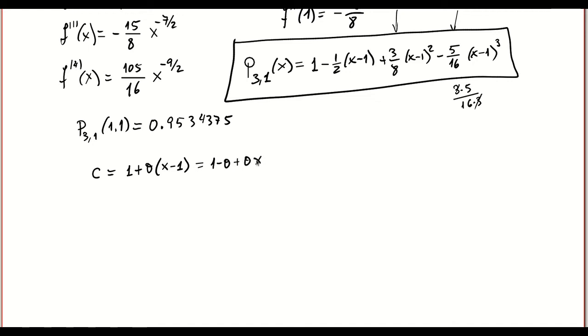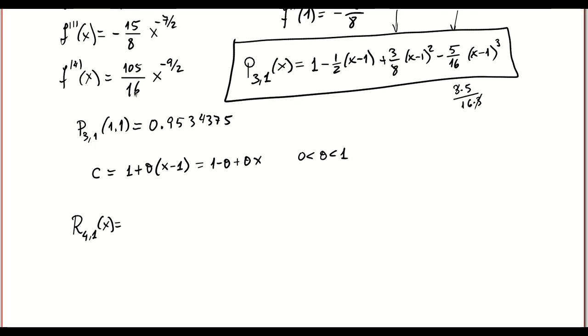Theta is some arbitrary number between 0 and 1. All right. So the expression of the remainder of order 4 around the point 1 is equal to this divided by 4 factorial.